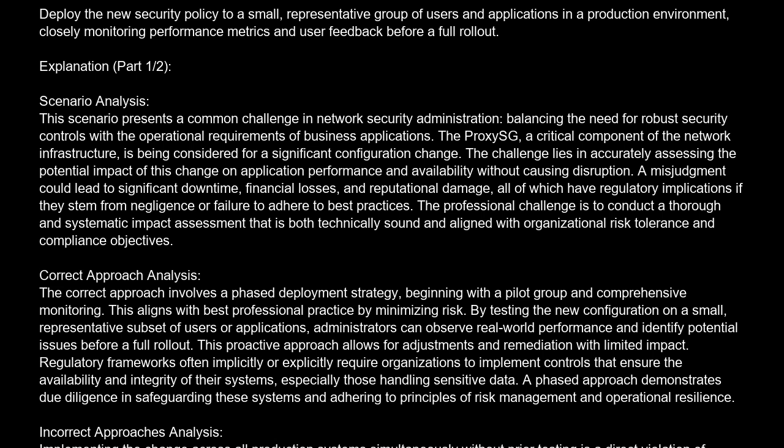This proactive approach allows for adjustments and remediation with limited impact. Regulatory frameworks often implicitly or explicitly require organizations to implement controls that ensure the availability and integrity of their systems, especially those handling sensitive data. A phased approach demonstrates due diligence in safeguarding these systems and adhering to principles of risk management and operational resilience.